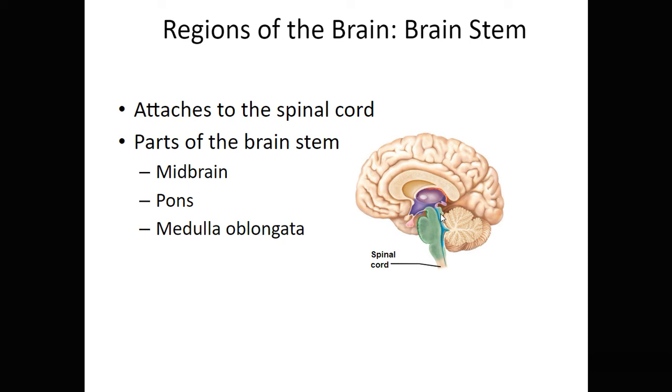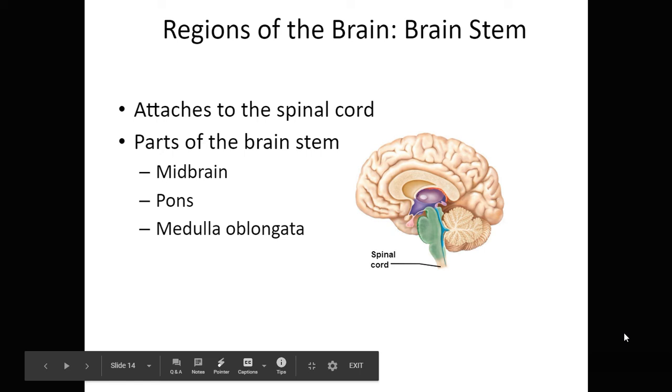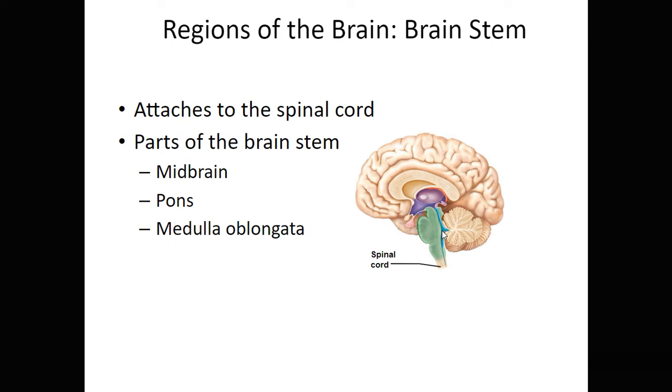All right, so that is part of the midbrain. And then you have the pons right there, and then you have the medulla oblongata right there. The cerebral aqueduct connects the third ventricle to the fourth ventricle.